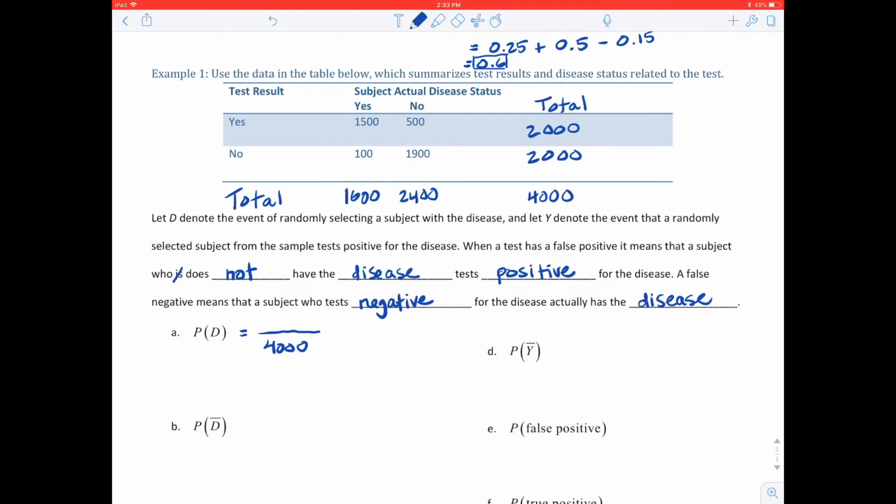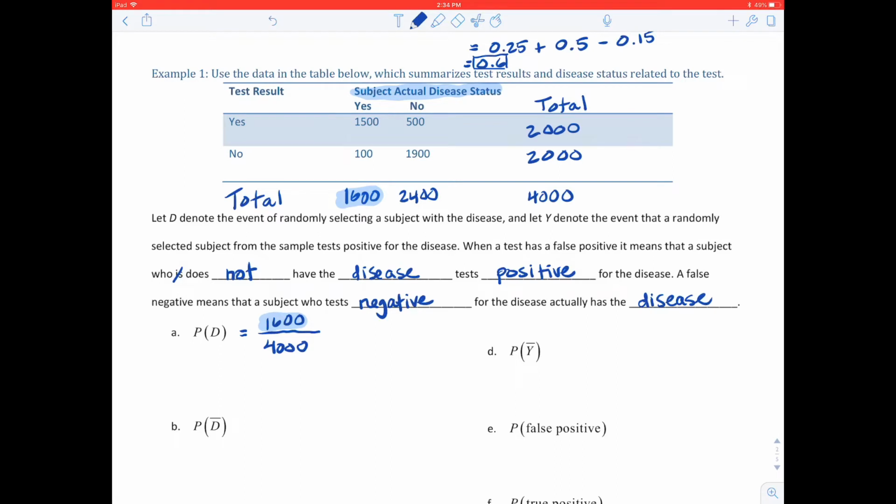Well, isn't the disease status right here? And so the total number of people who have the disease is 1,600 out of that 4,000.